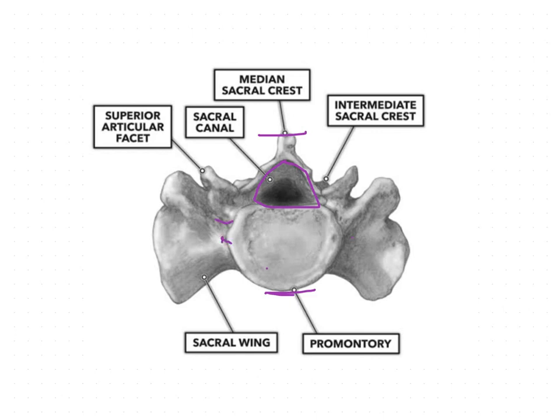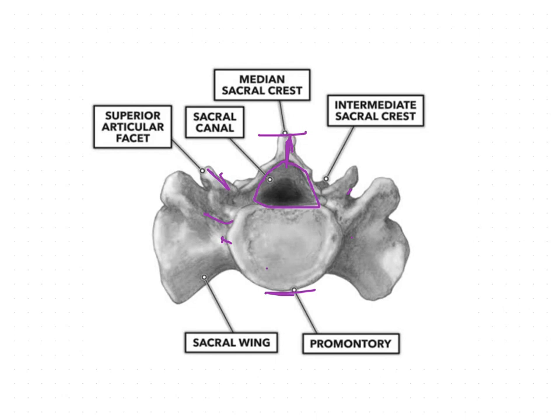This one is the superior articular facets, and you'll have the crest here. So this is the median crest, which is formed by the fusion of all the spines, which we can see in the dorsal aspect of the sacrum.